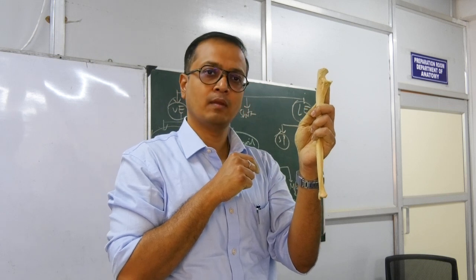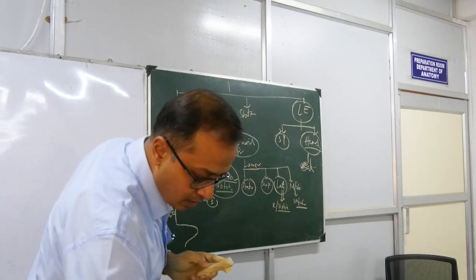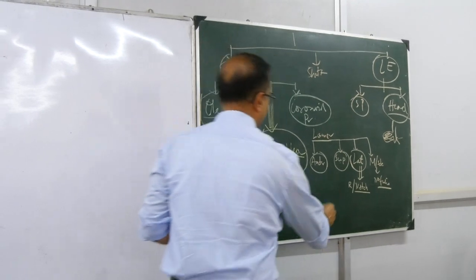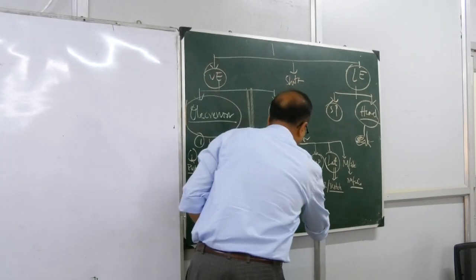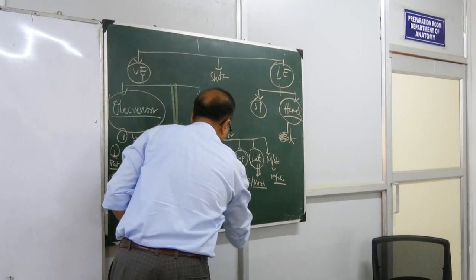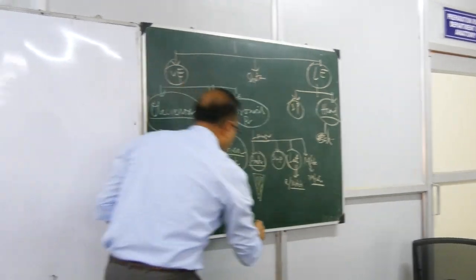All right, now talking about the features of the coronoid process. On its anterior surface it has a bony rough area.